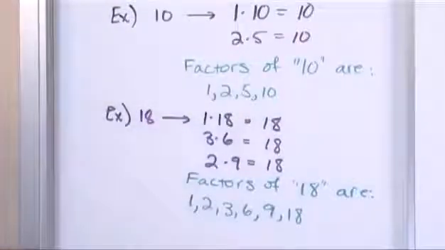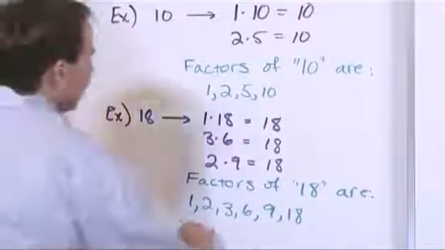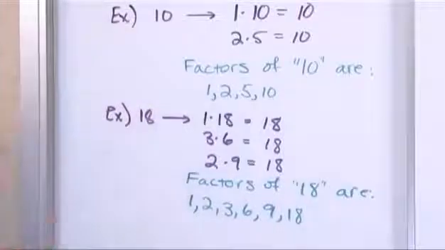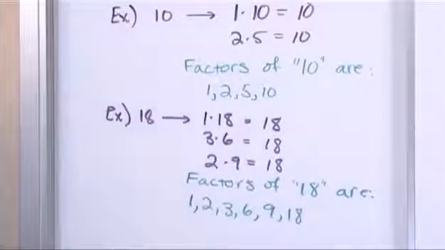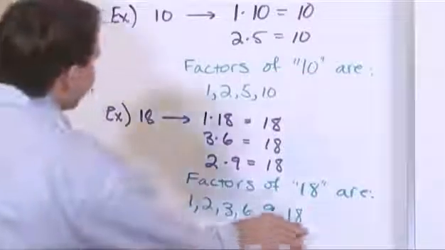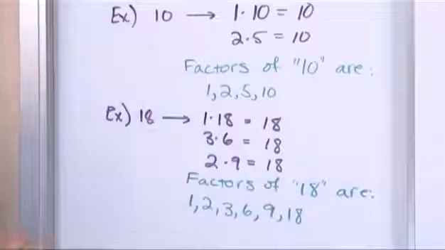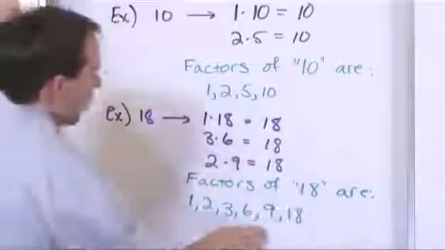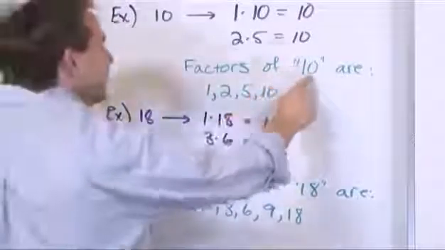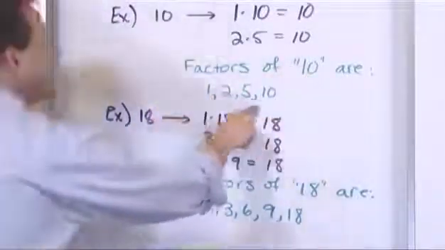Now, let me point one thing out. I keep saying over and over that everything in this list of factors can be multiplied by something else to give you 18, which is true. But that's another way of saying that all of the factors of the number 18 can be divided into 18 evenly. In other words, 18 is divisible evenly by all of these numbers. 10 is divisible evenly by all of these numbers.